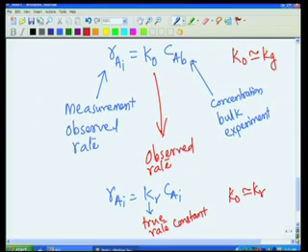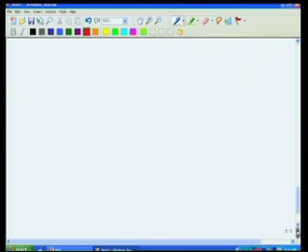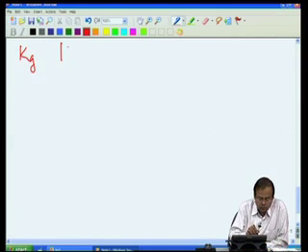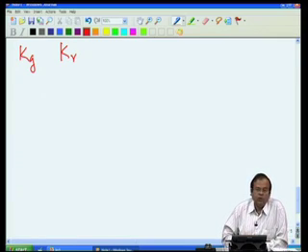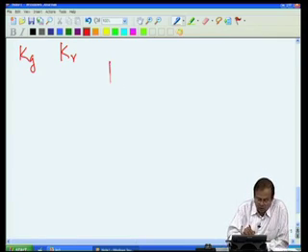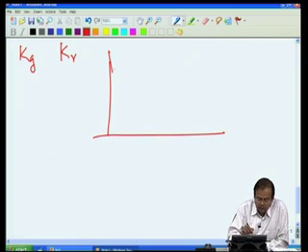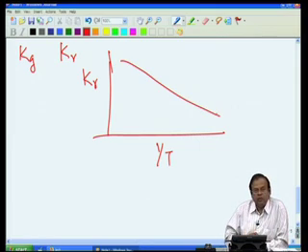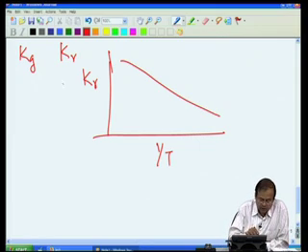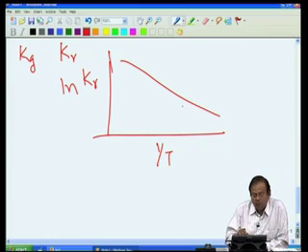So, this also implies the following. We are looking at the relative value of Kg and Kr. For example, when it comes to the temperature effect, you will recall that our Kr varies linearly with 1 over T if you are plotting ln Kr, because of the Arrhenius rate relationship.